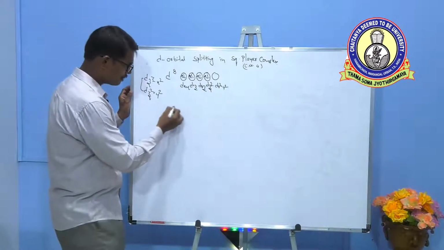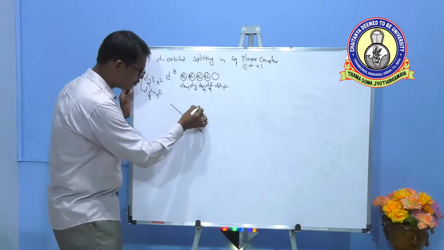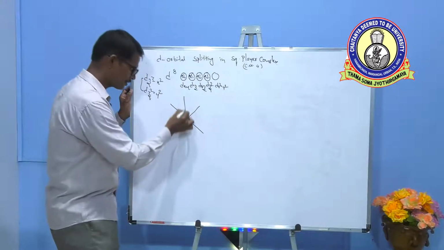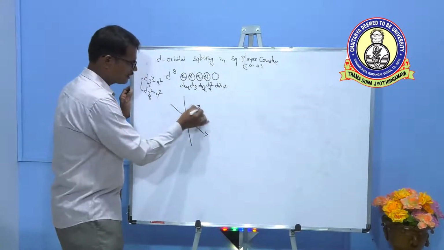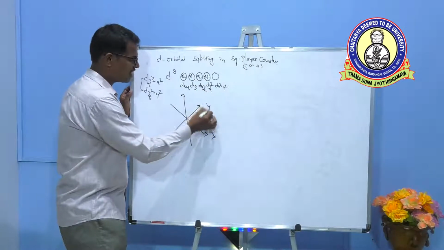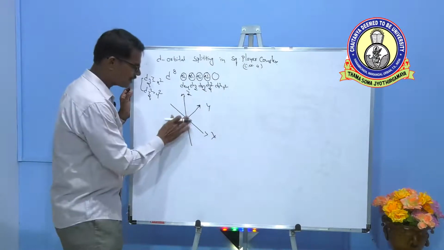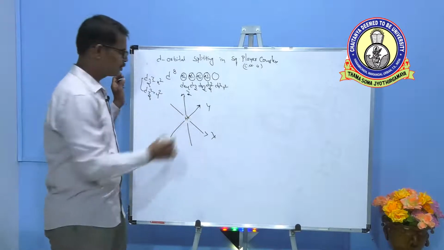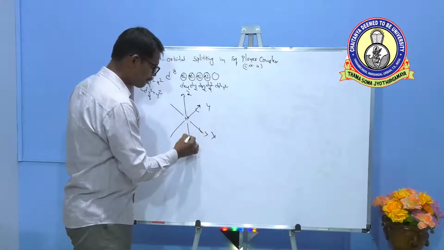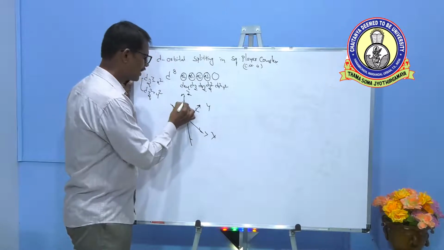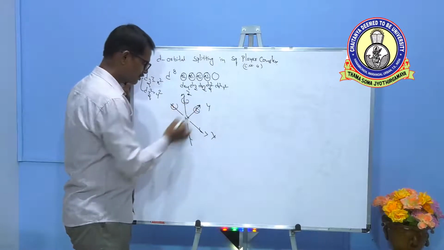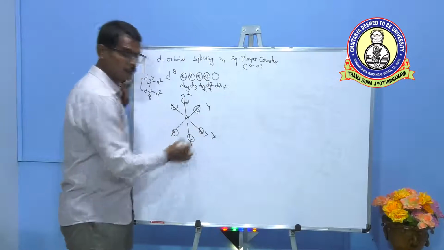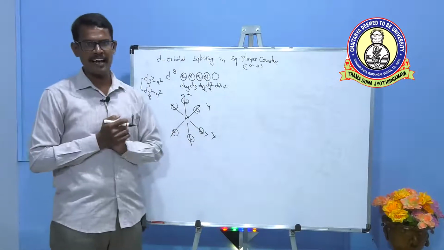See, the complex wants to form an octahedral complex. So here this is x-axis, y-axis, z-axis. Metal ion is present at the center of the octahedron. So here the ligands approach the central metal ion along the axis. So the 6 donor atoms are present along the 3 coordinate axes.